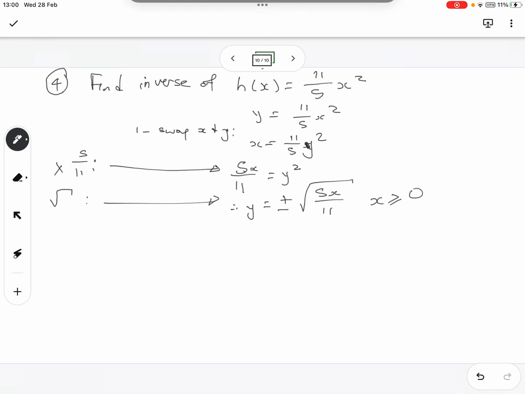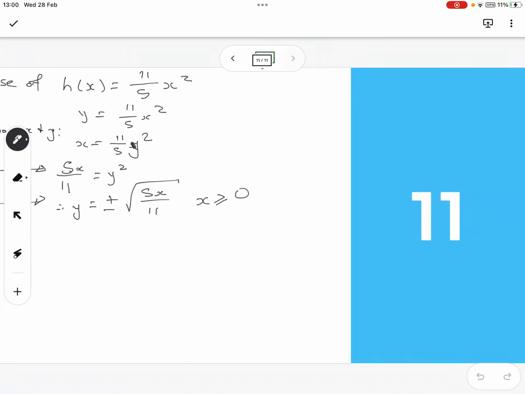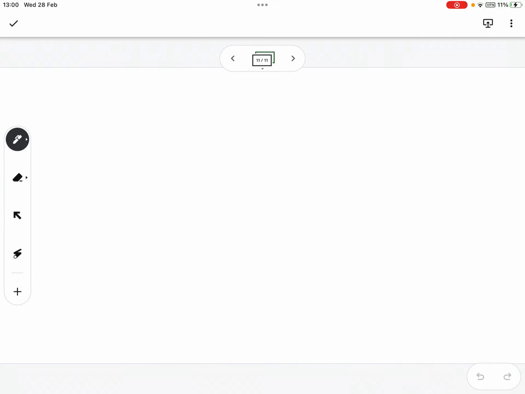Part B is to sketch both graphs. So h of x is 11 over 5 x squared, and h inverse of x is the square root of 5x over 11, positive and negative.